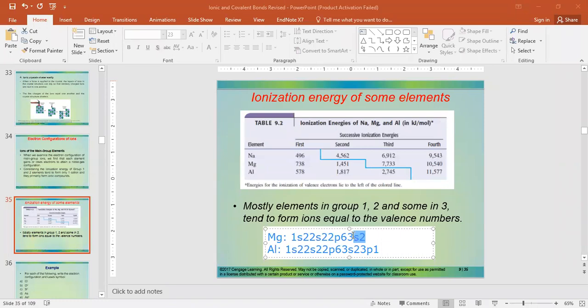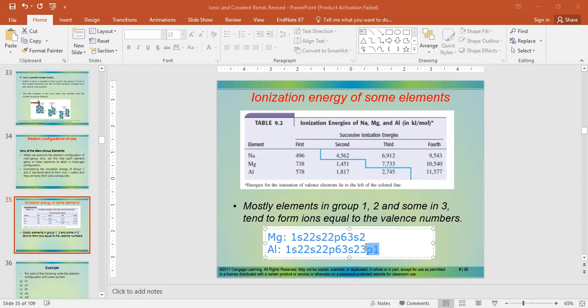So in magnesium, you are trying to remove an electron from a fully filled s orbital. And for you to remove an electron from a fully filled orbital, remember this is a stable configuration. And therefore, for you to remove one electron from here, a lot of energy is going to be required. For aluminium, you are actually removing a p1 electron.